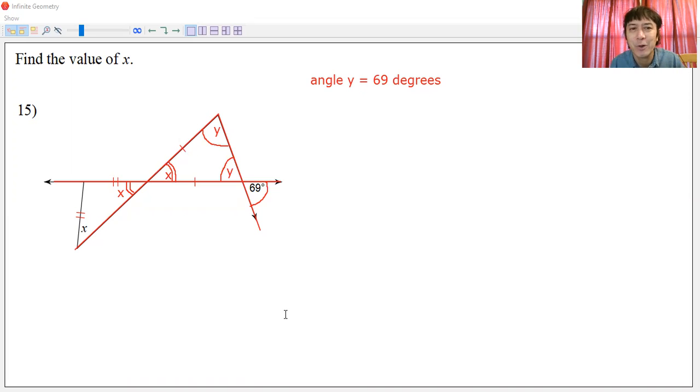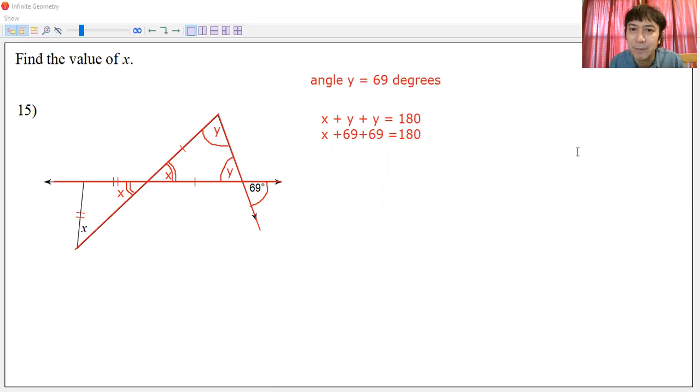And so we now have our solution. We have x plus y is equal to 180. But we know already the y, so we have x plus 69 plus 69 is equal to 180.